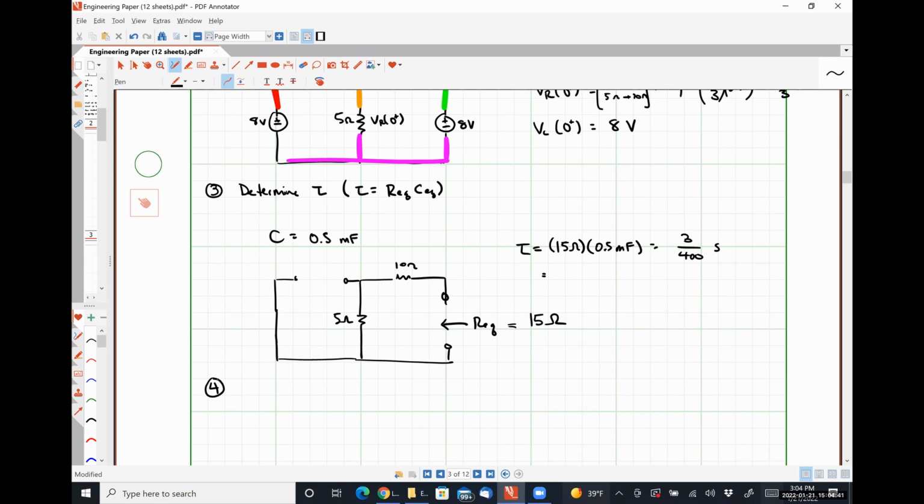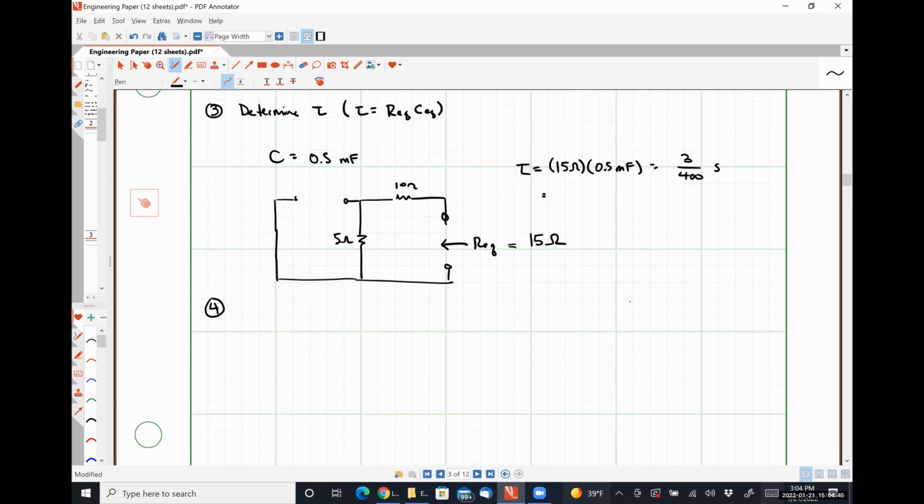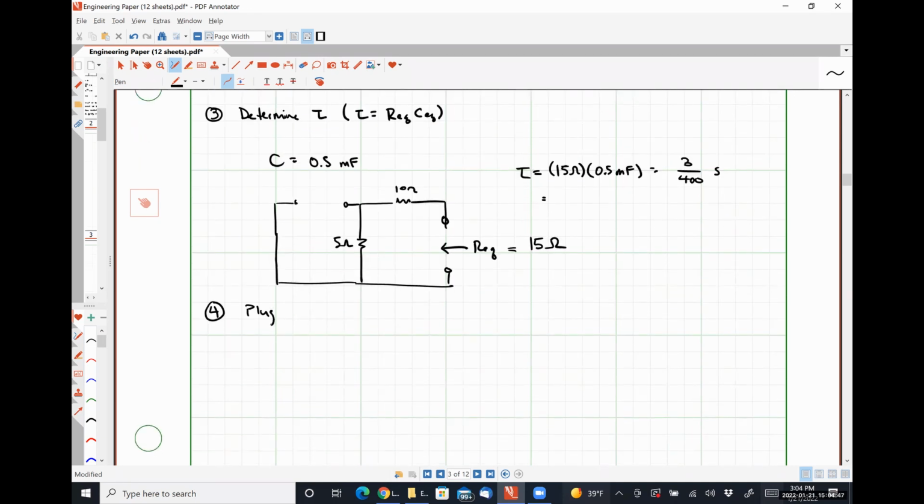is now to plug the results into our generic equation.